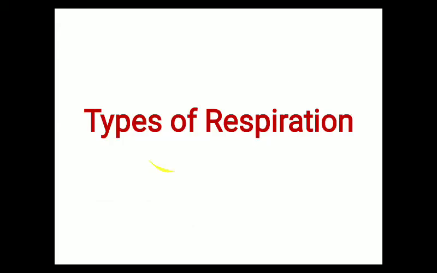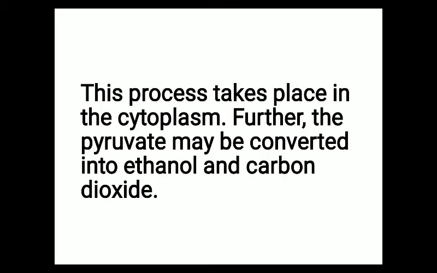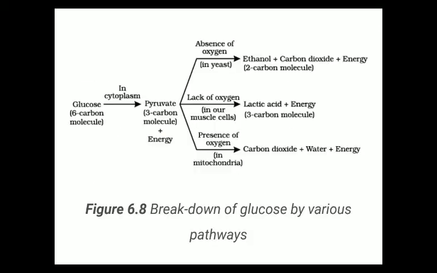Now we'll discuss the types of respiration. On what basis have we categorized the different types of respiration? On the basis of presence and absence of oxygen. If the breakdown of pyruvate takes place in the presence of oxygen, then it is known as aerobic respiration.